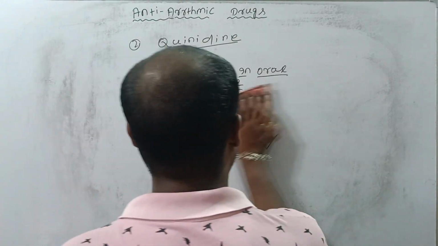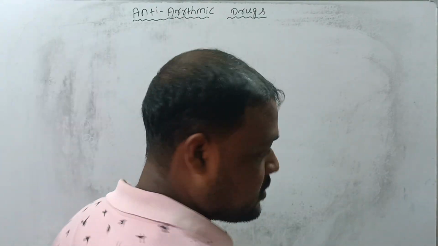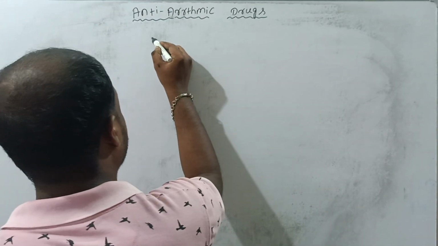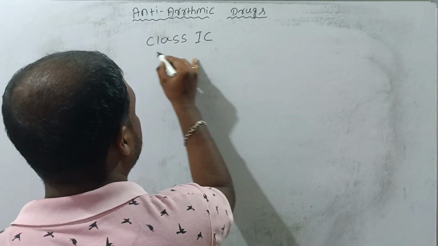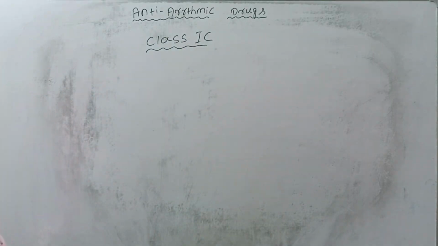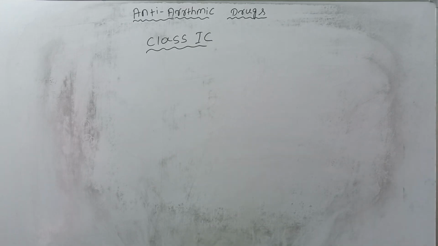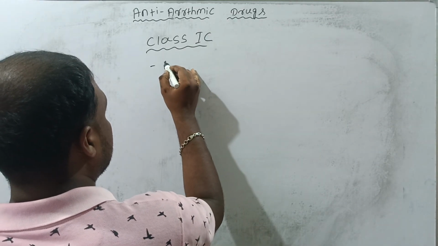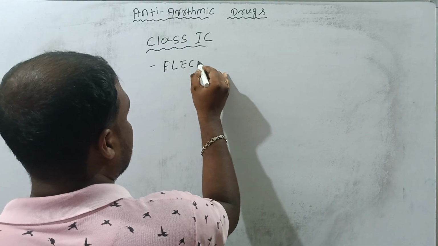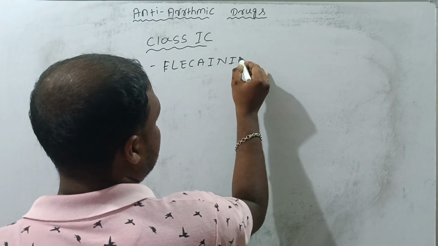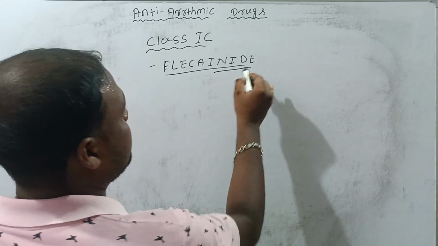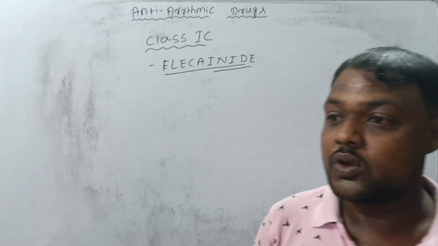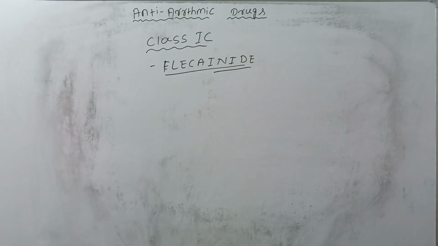Then class 1C anti-arrhythmic drug. The class 1C anti-arrhythmic drug is flecainide.